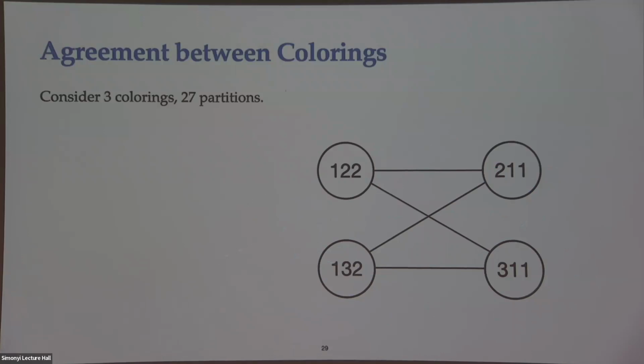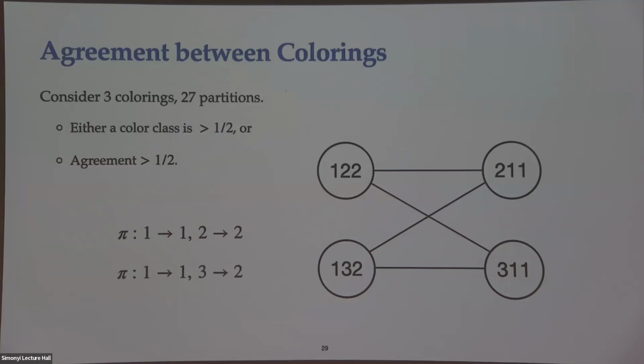I don't think I have time to go into the details here, but the conclusion is that either a color class is larger than half, in which case we are already done, or if that's not the case, then we must have that 2 of them have agreement larger than half. I only have 7 minutes left, so let me not explain this.